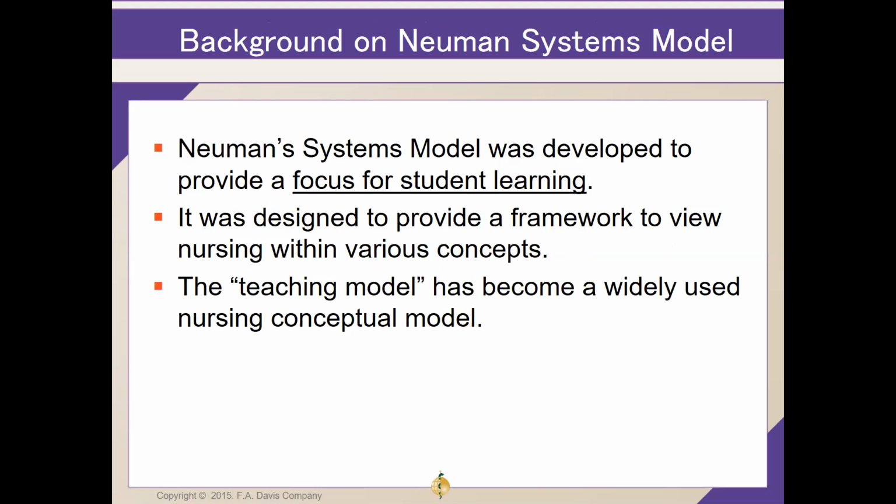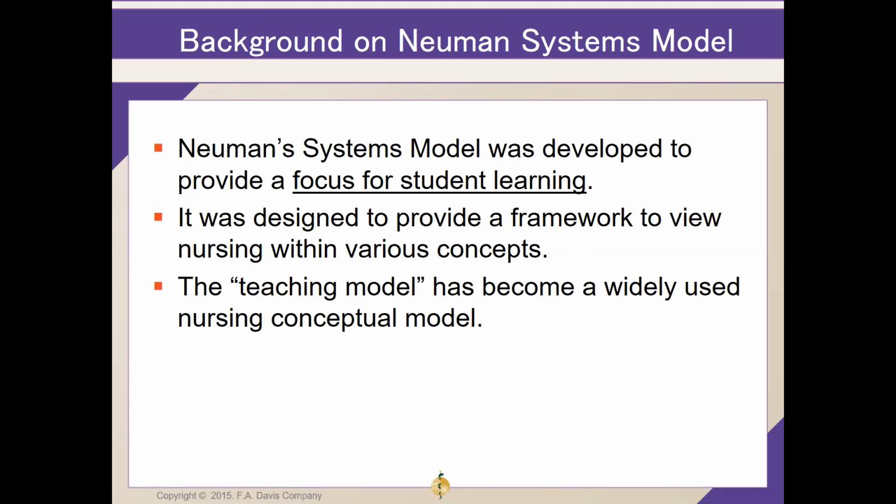The focus of this model was really nursing education, so it provides a very broad, I would almost say a grand theory for explaining how people's health is impacted by their environment and how the nurse engages to provide nursing care within that set of belief systems.